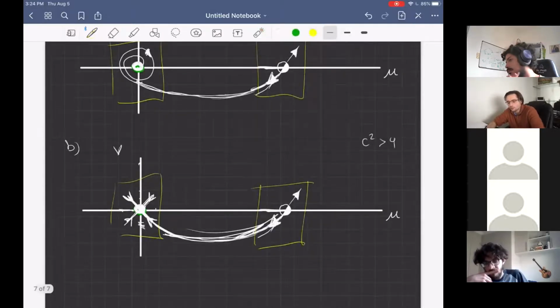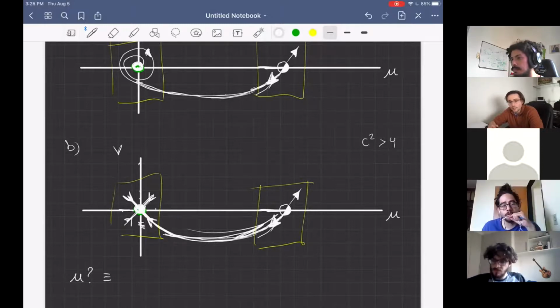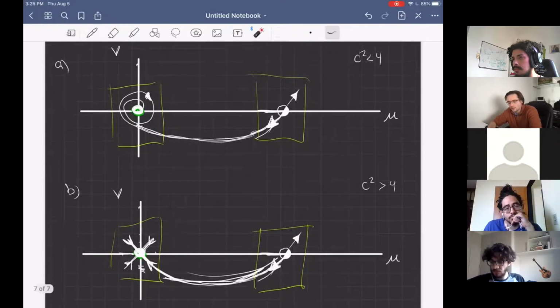What's the meaning of u? What is u? It's the density of the population. So what happens in these cases, here and here? What's the difference?